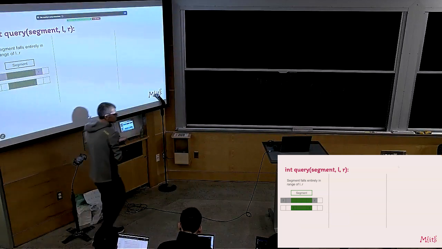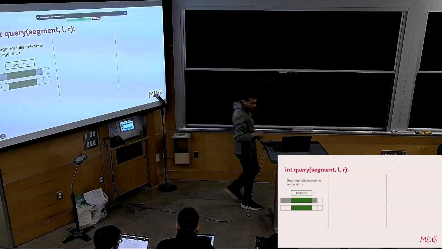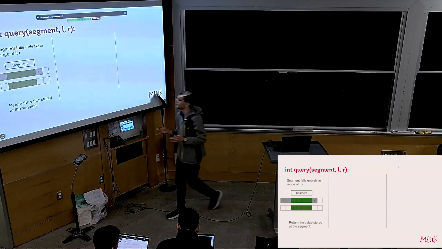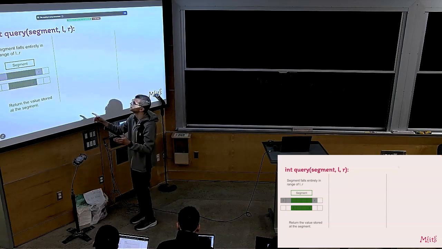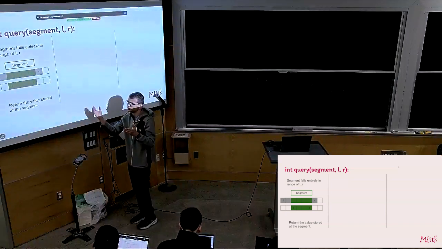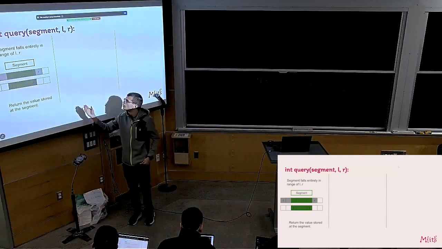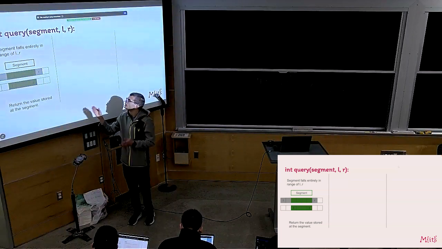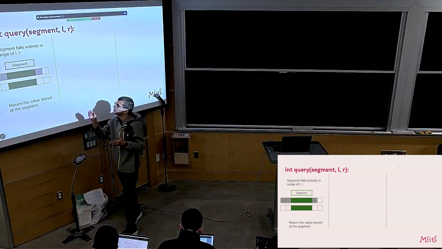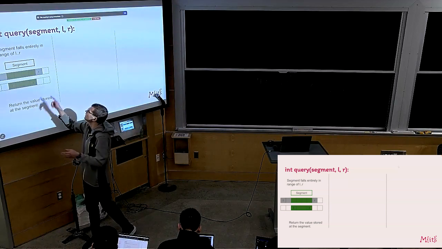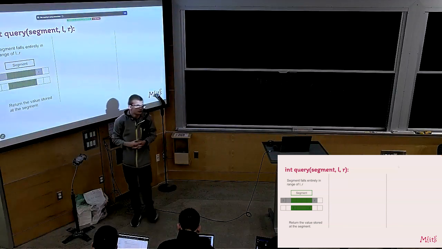If the segment is fully contained in the range L to R, then I simply return the value stored at the segment. This is because we define the value stored at the segment to be the maximum of its subarray, and that's exactly what we want, because in this case the intersection of the segment and L to R is exactly the segment's range.